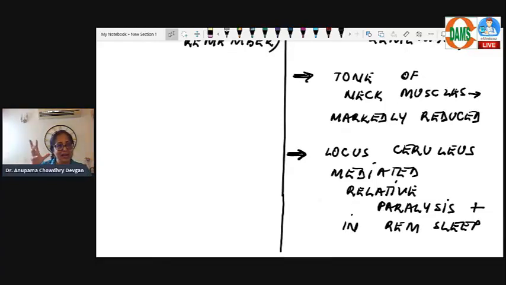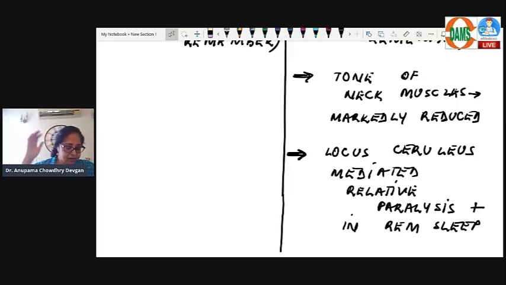See what happens, again, a common experience. Especially early mornings when you can hear your phone ringing or the doorbell, you want to get up, but you feel as though you just can't move your arms and legs, because that is probably in REM sleep. There is a relative paralysis which is seen in REM sleep. This is locus ceruleus mediated relative paralysis.